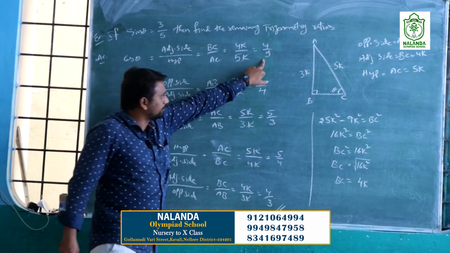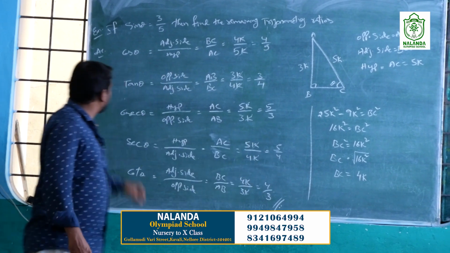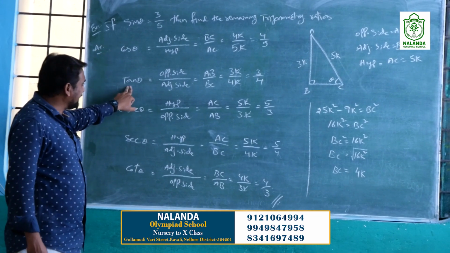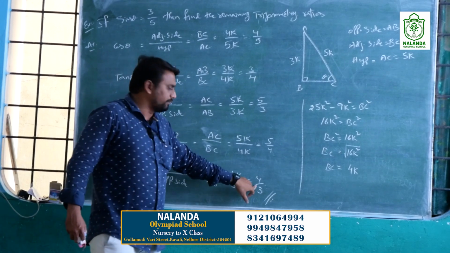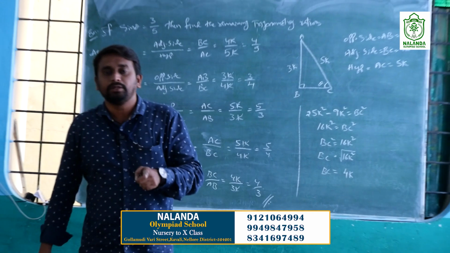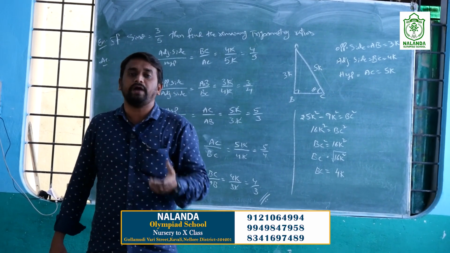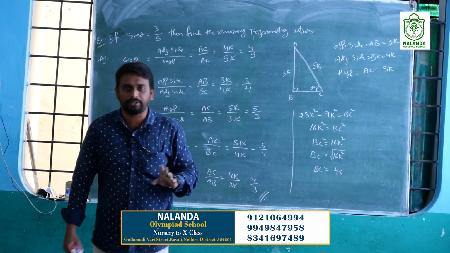Cos theta is 4 by 5 and its reciprocal sec theta is 5 by 4. And tan theta is 3 by 4 and its reciprocal cot theta is 4 by 3. So when we know one trigonometric value, we can find the remaining trigonometric values using the Pythagoras theorem. Okay, thank you.